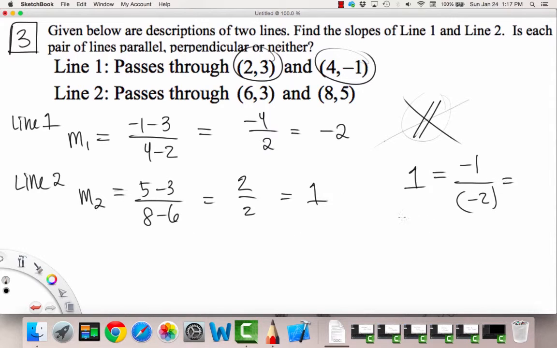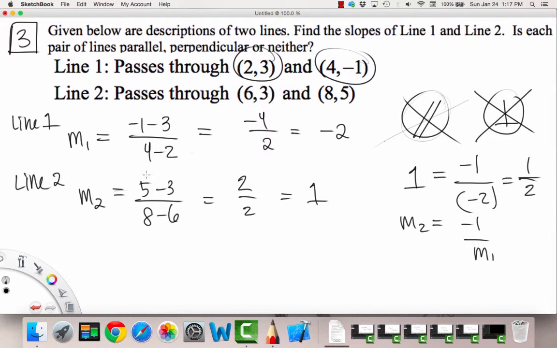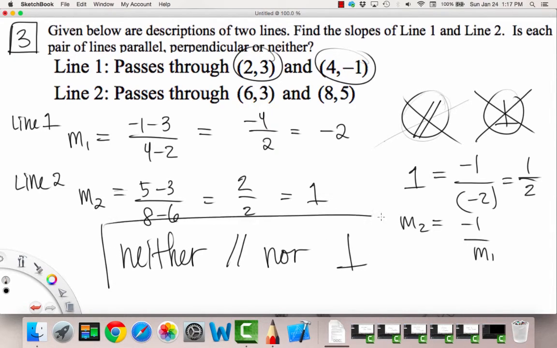This m2, I was trying to make it equal to -1 over m1, and that is definitely not true. 1 is not equal to 1/2. So they're not perpendicular either. Okay, so the answer for this problem is neither. Neither parallel nor perpendicular. Okay.